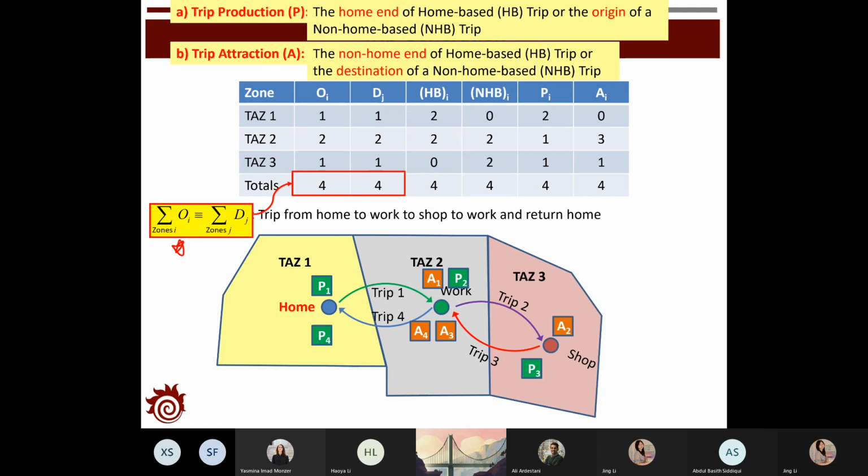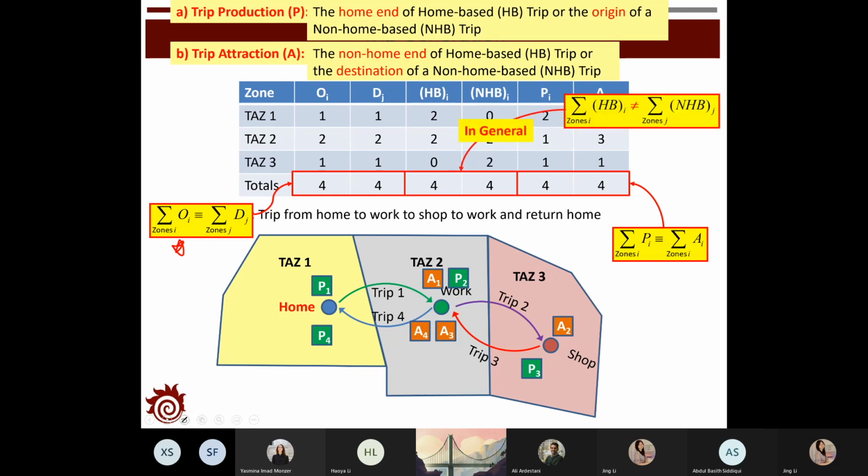The totals of production and attraction are also always the same, because if one end of a trip is a production, the other end must be the attraction.